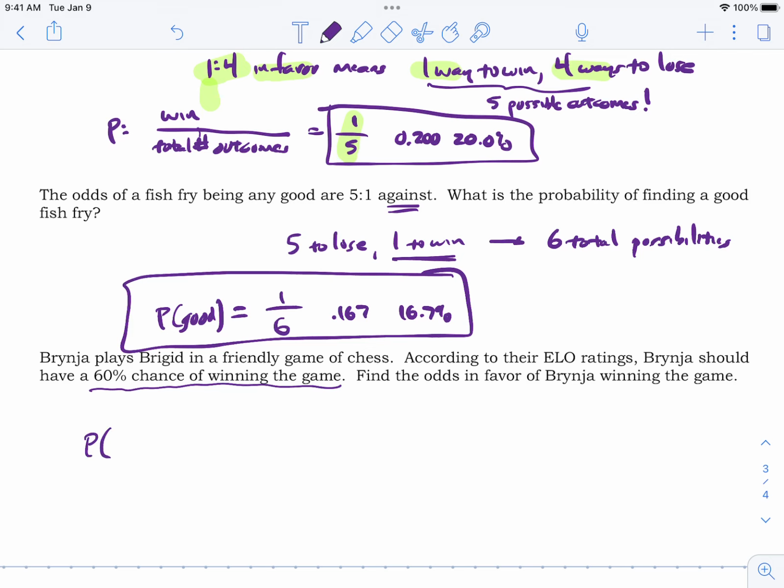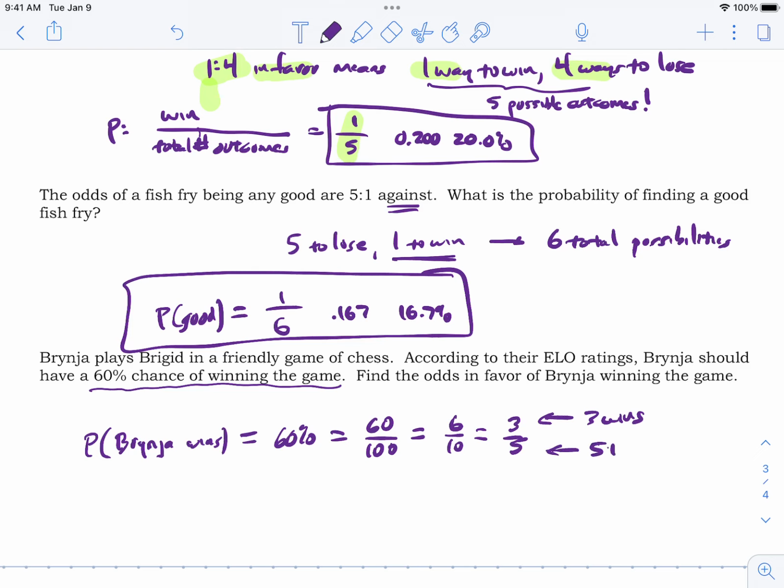So the probability that Brynja wins is 60%, which as a ratio is 60 out of 100, right? That's what a percent means, which we can reduce to 6 out of 10, which we can reduce to 3 out of 5. Okay, so that's 3 wins, 5 total games.